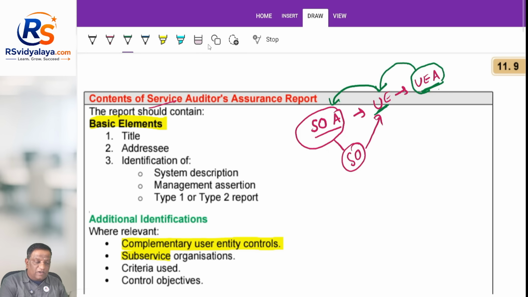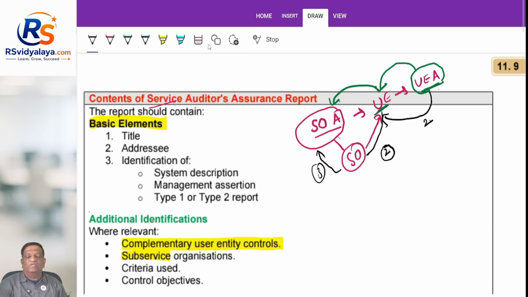Scenario 2: the user entity auditor asks the user entity, and the user entity requests the service organization to get this done. Then the service organization will appoint an auditor, and the flow will be reversed. So, he can be appointed by the service organization, or he may be appointed by the user entity.